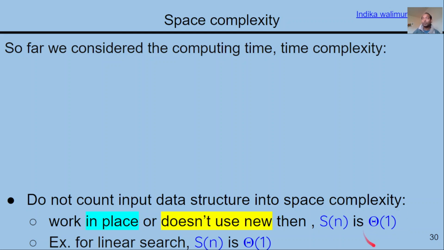We say this is constant. For example, if we take linear search and the array we get is the input, then Sn is big theta of 1.